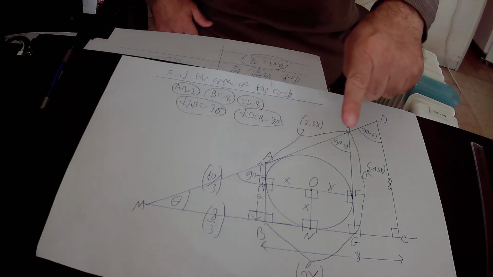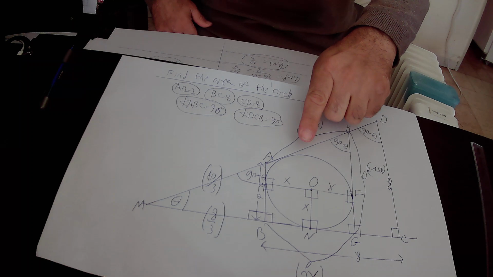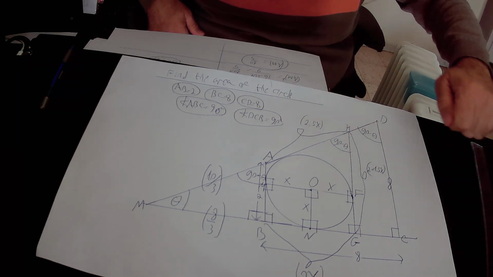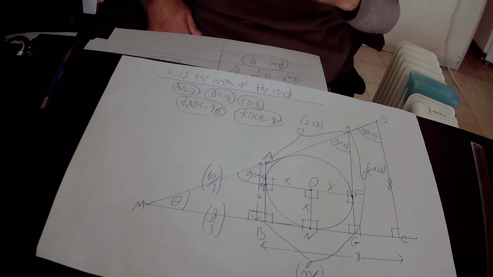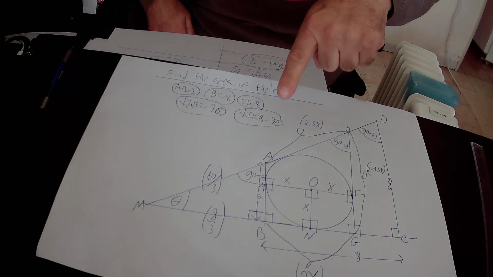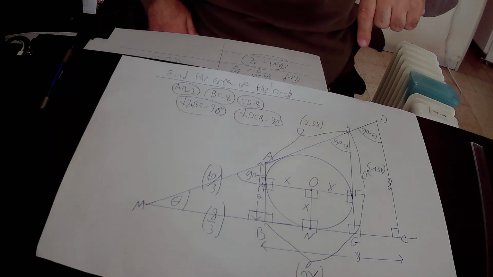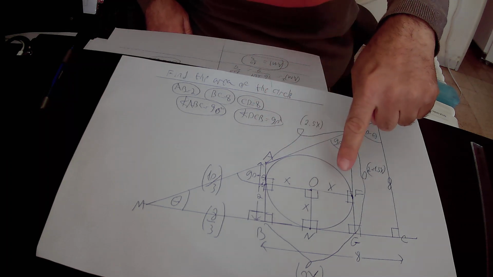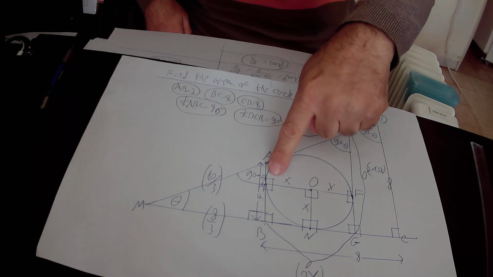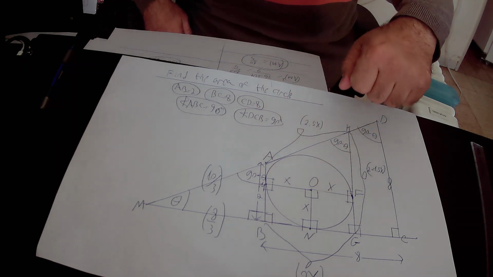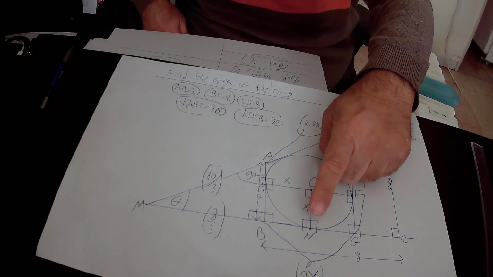Therefore, OM is the radius of this circle, defined as X. We have the radius OM drawn to the point of tangency, that is to say, drawn to point M, the point of tangency of tangent AB with this circle. And therefore, tangent AB will be perpendicular to the radius MO. That is to say, this angle equals 90 degrees and this angle equals 90 degrees according to rule number 1. We join points O and N together by a straight line.